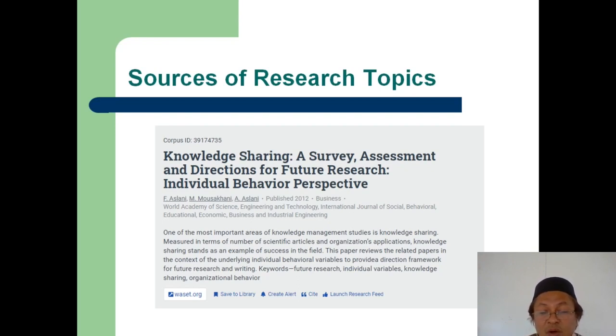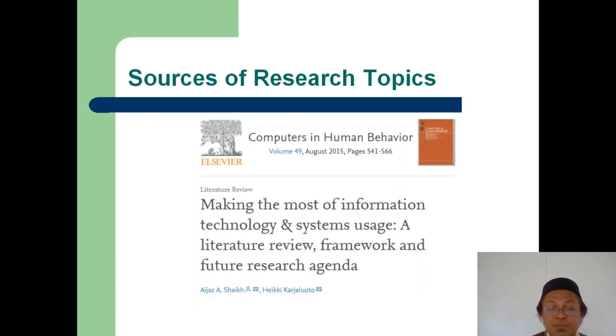Go to this thesis, go to this dissertation, look at the conclusion part and try to read it. Surely, definitely, the writer will be writing something about limitation of the research or suggestions for the research, and also how the research can be further expanded or extended by future researchers.